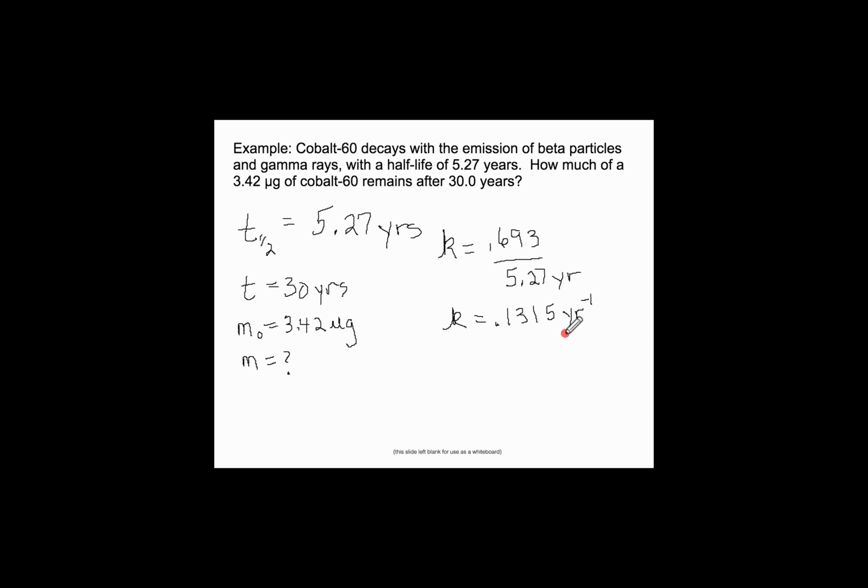We want to find out how much of the cobalt remains. So using the natural log, I'm going to take the mass at some time t, divided by my original mass, and that is going to equal negative kt.